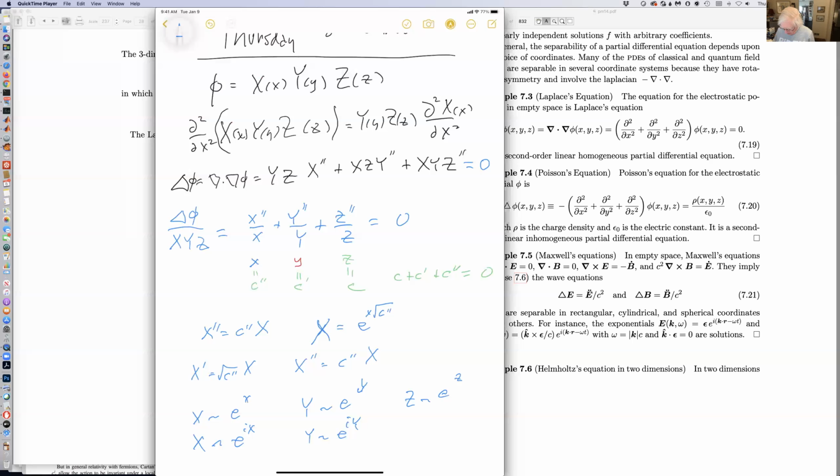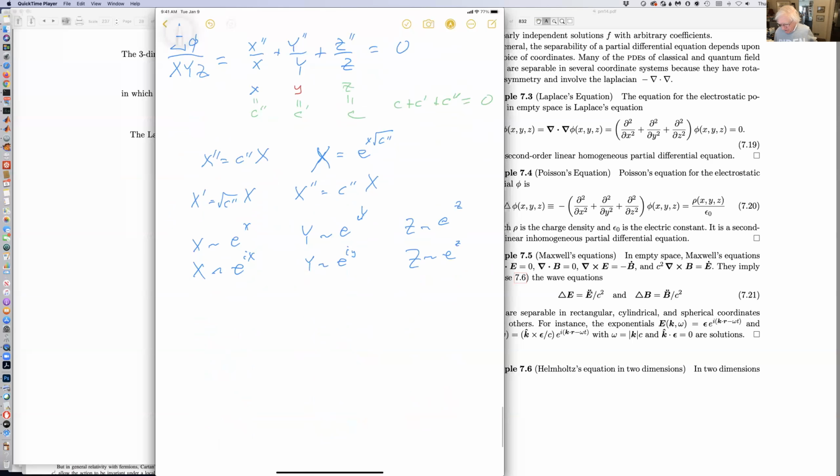Oh, this is little y, let me fix this. And z goes as e to the iz. So I'm leaving out the c double prime in this case. And of course, the primes and double primes on c just mean different constants.